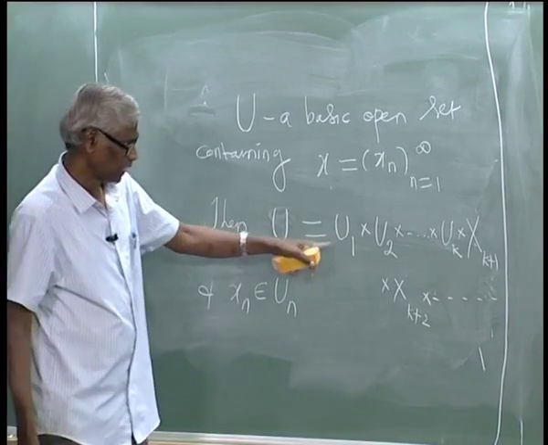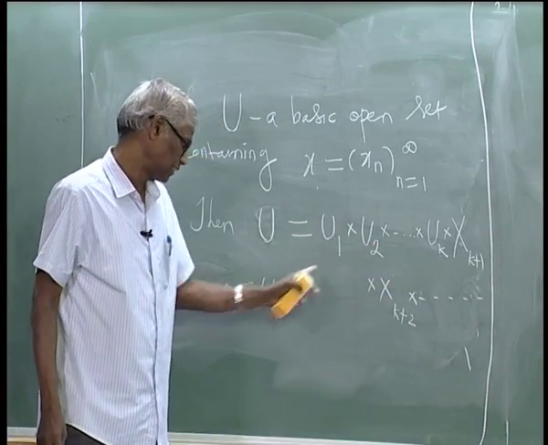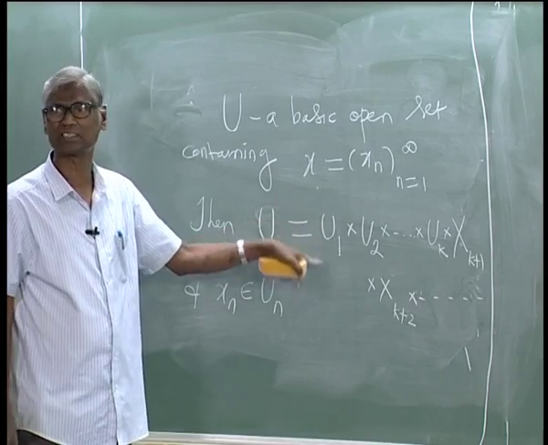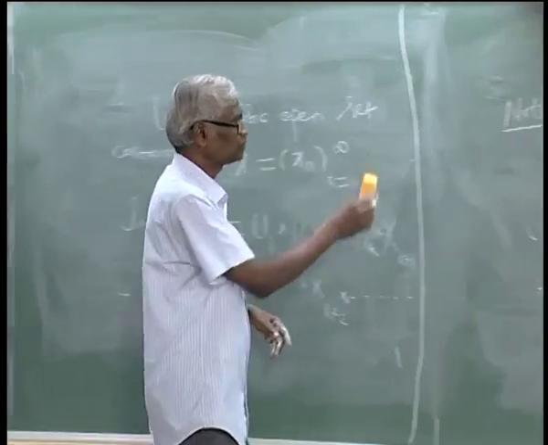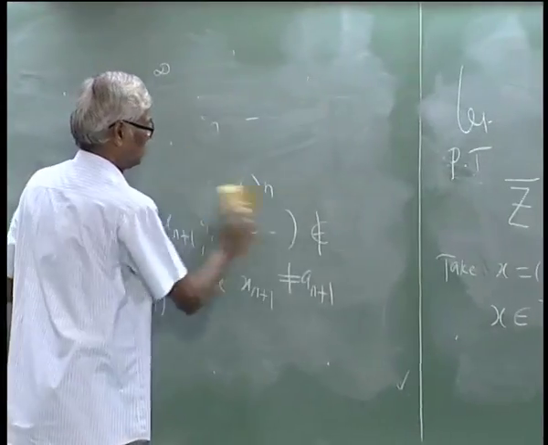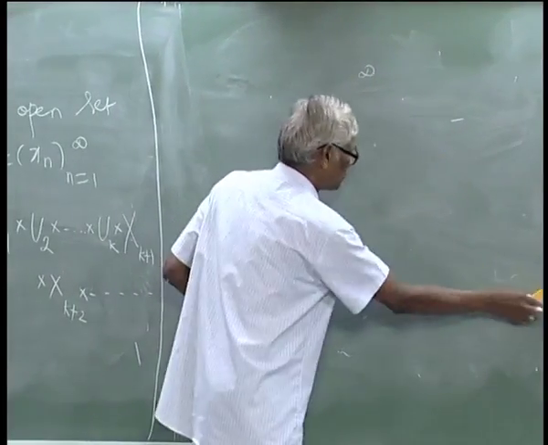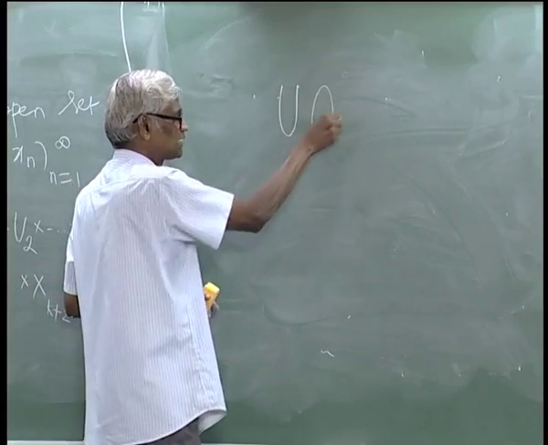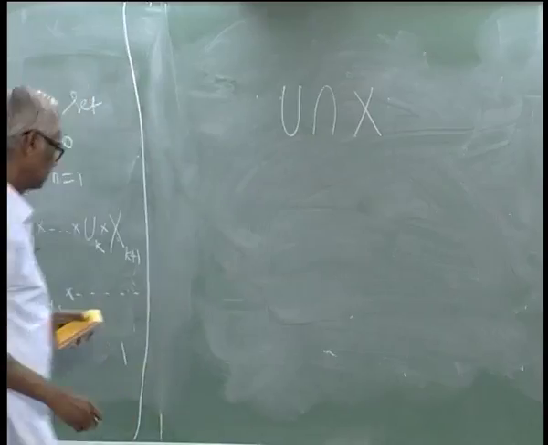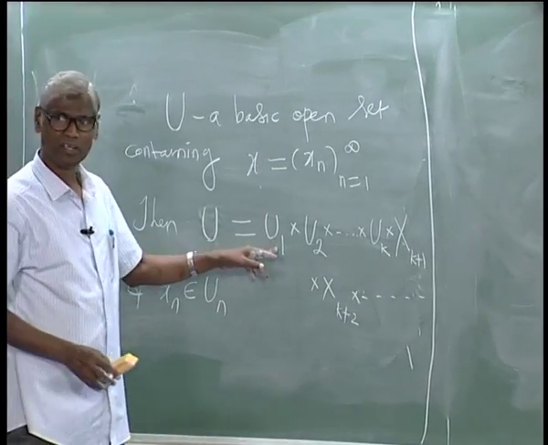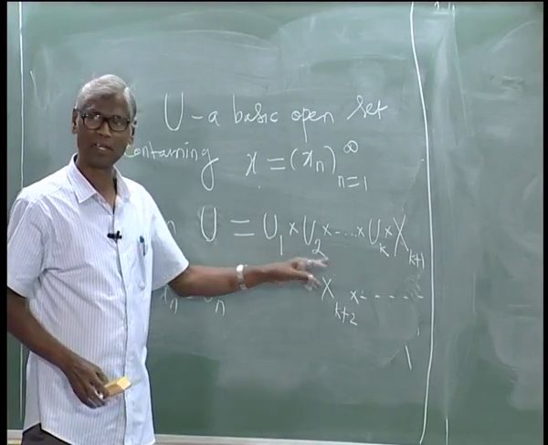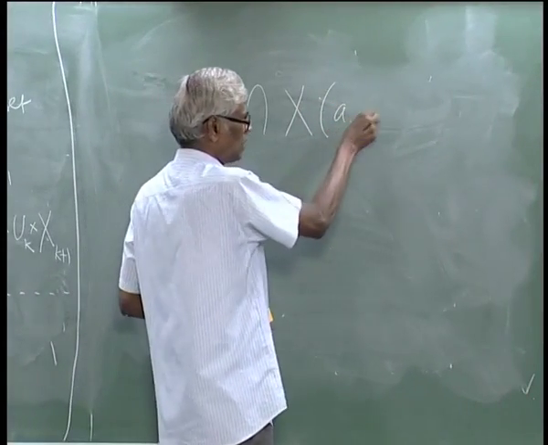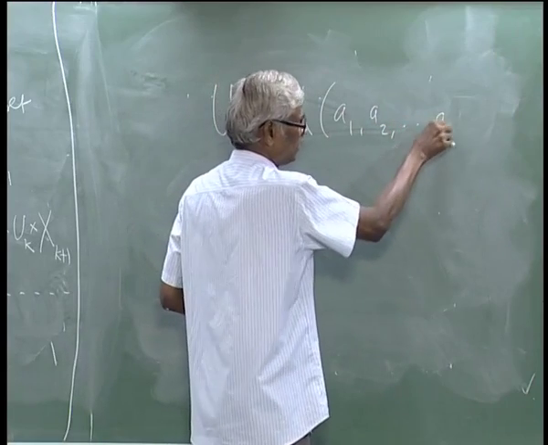Now, using this, we prove that this basic open set intersects Z. What will happen to U intersection X(A1, A2, ..., Ak)?